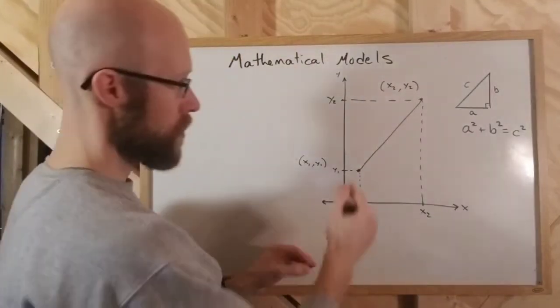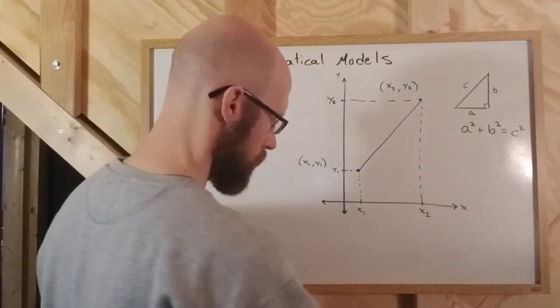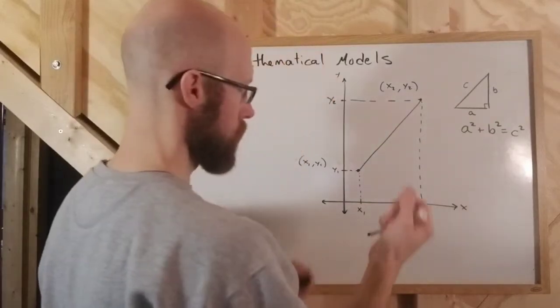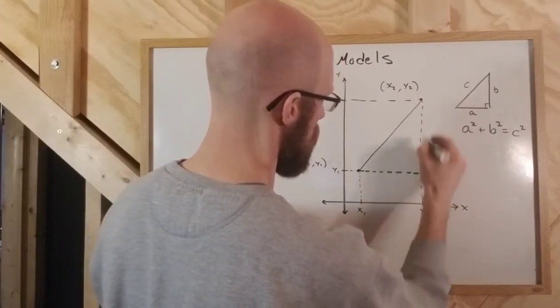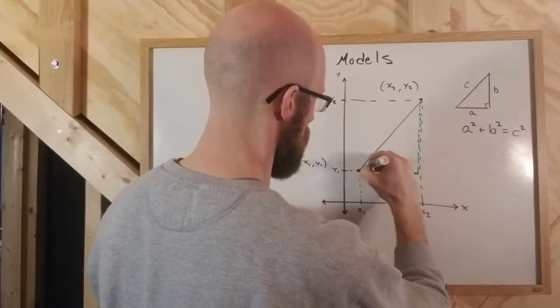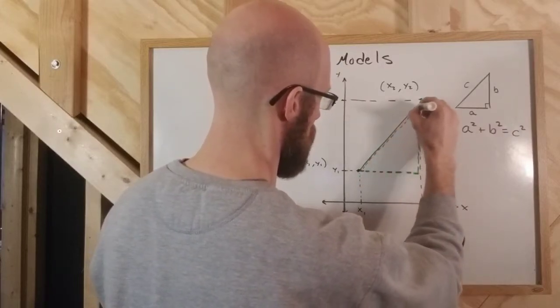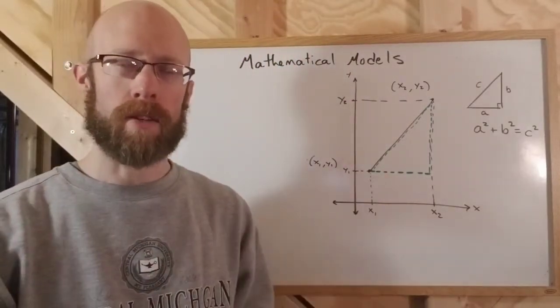Here's how we're going to look at it. We're going to sketch in a right triangle, maybe in another color. So you can see there's a green triangle up here.